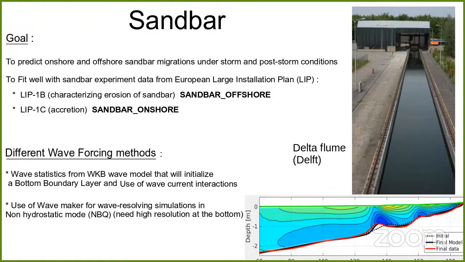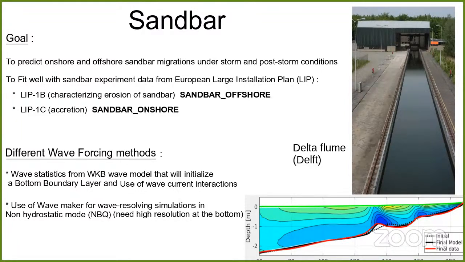Yeah, and I put there different ways to force the model. If you want to force the model with waves, there are two kinds of models. There is simply the WKB wave model, monochromatic. So it's wave statistics, like a period.